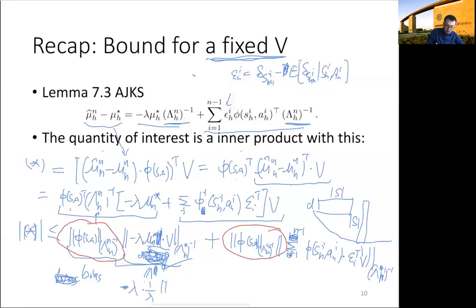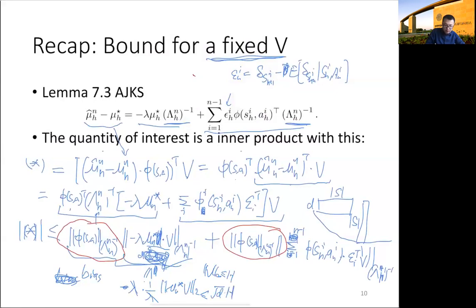So this is the mu n star v 2 norm, and since this is smaller than h, we can bound this by, first of all, these two lambdas cancel out, square root of d times h.